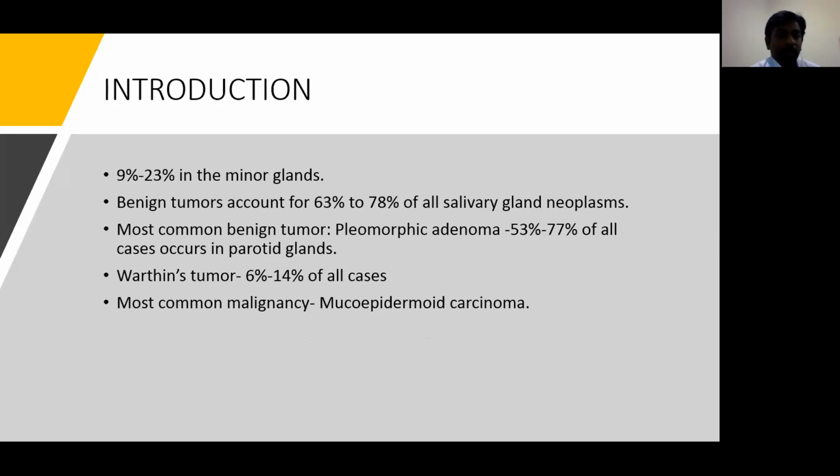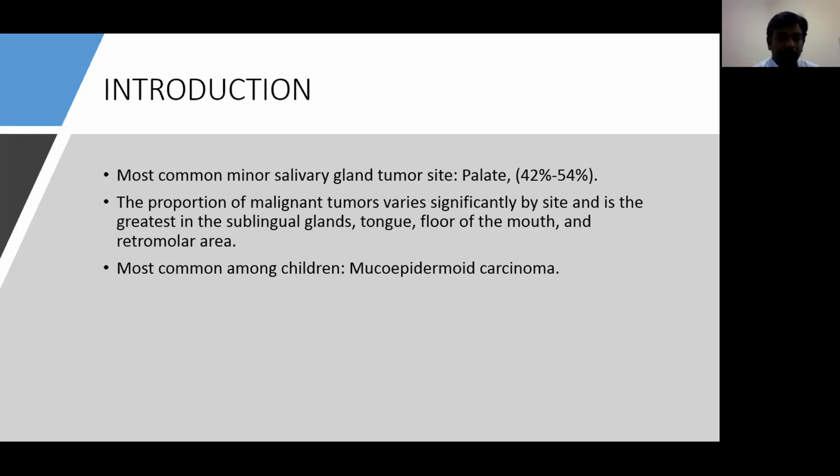Benign tumors account for 63 to 78%, and the most common benign tumor is pleomorphic adenoma, which you need to know in and out. Also Warthin tumors come around 6 to 14%, and the most common malignancy is mucoepidermoid carcinoma. The most common minor salivary gland tumor involvement is in the palate.